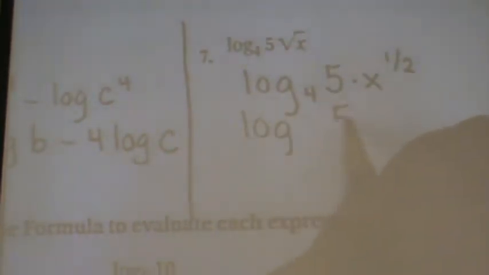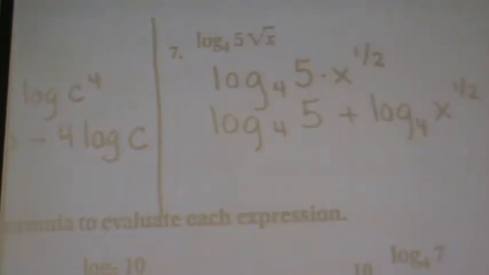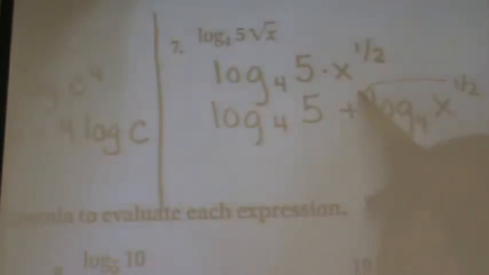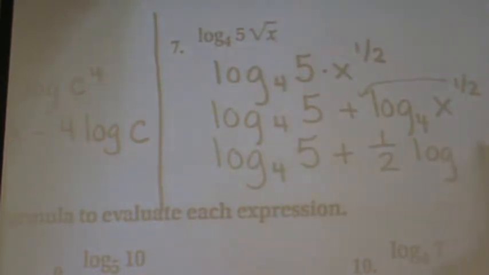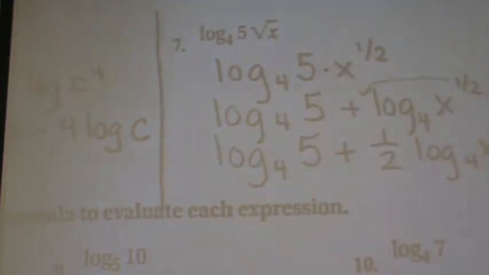It's the log of 5 base 4 plus the log of x to the 1/2, and they're both base 4. Now, what could I do with the 1/2? The 1/2 would go in front, so my final answer is the log of 5 base 4 plus 1/2 times the log of x base 4. Questions?